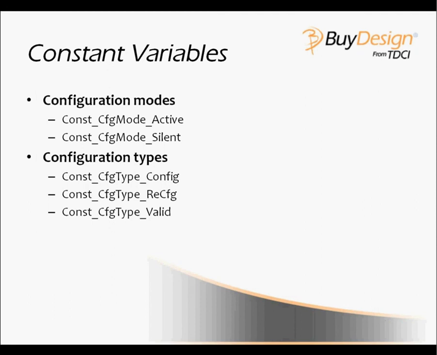So instead of having to remember which one is 0, which one is 1, which one is 2, or if we by chance change those values behind the scenes from one version to the next, you can just reference constant config type underscore config, which is my initial configuration, reconfig, which is my reconfiguration, or the validation. And then when we, like I say, migrate from one version to the next, this has got your bases covered, so you don't have to worry about having to go in and modify rules.